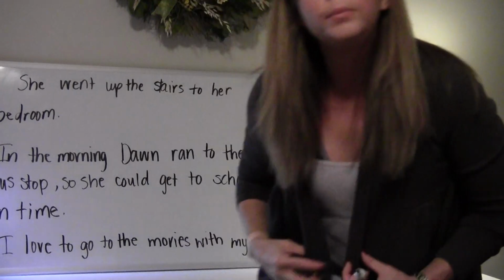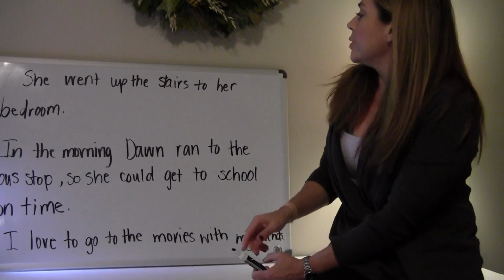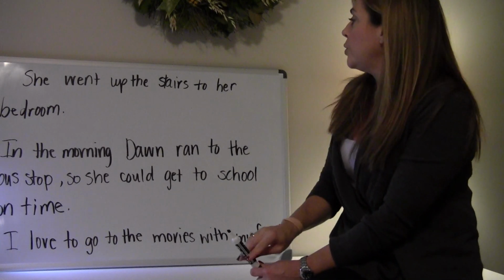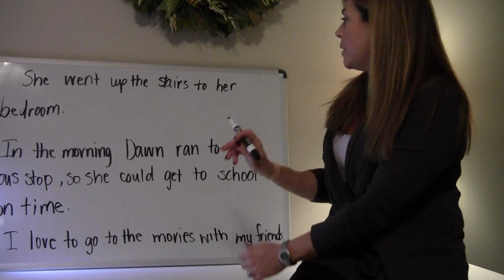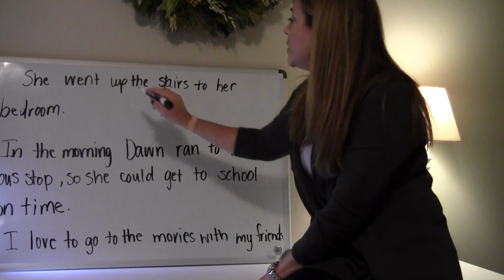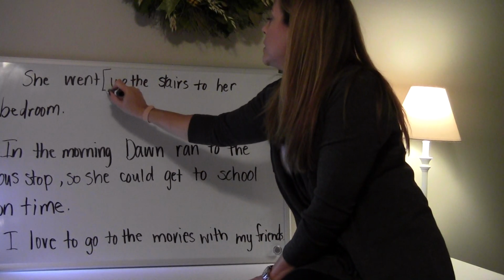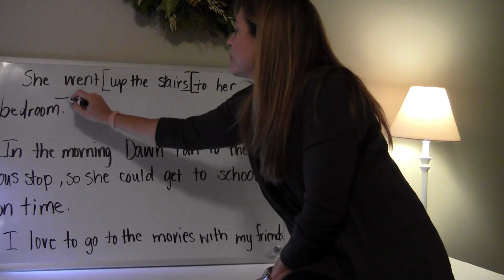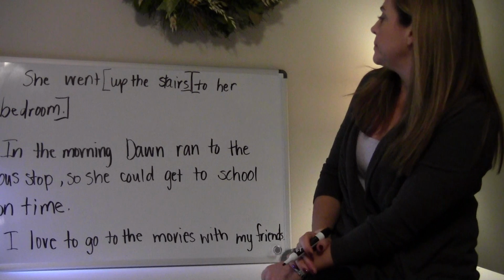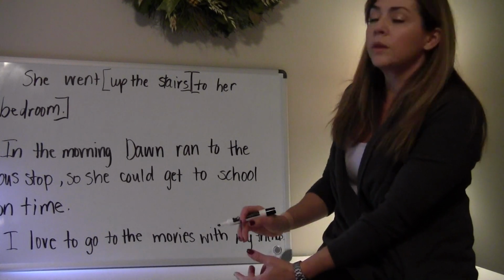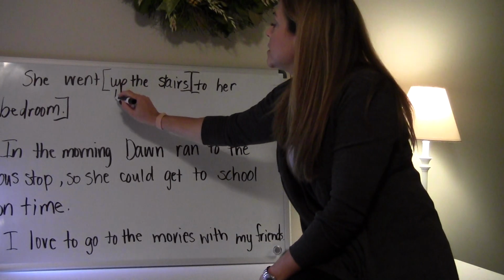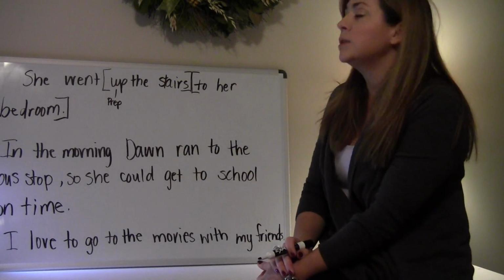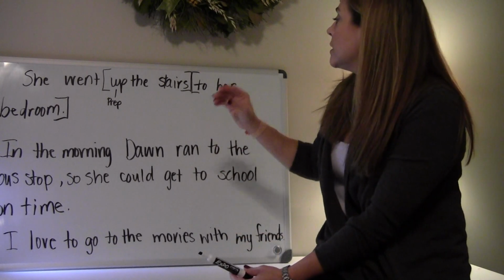Let's take a look at a couple sentences. She went up the stairs to her bedroom. So the first thing that I want you to get in the habit of doing is blocking off your prepositional phrases in the sentence. The first word is the preposition in the prepositional phrase, and your object of the preposition is the noun.